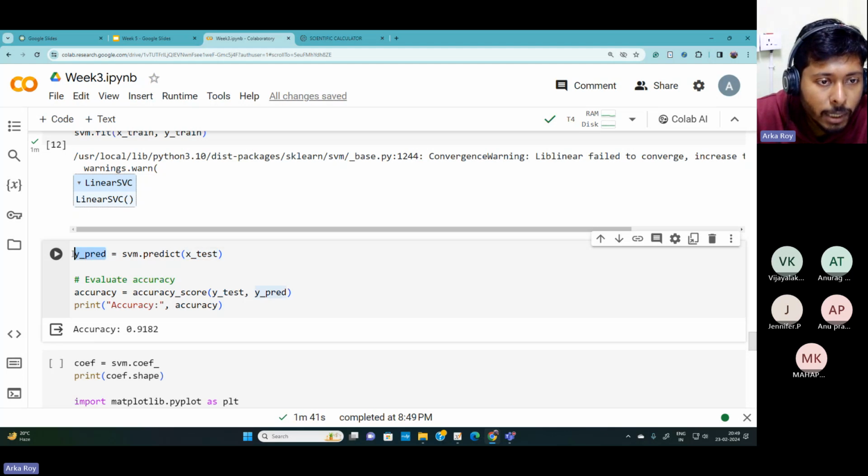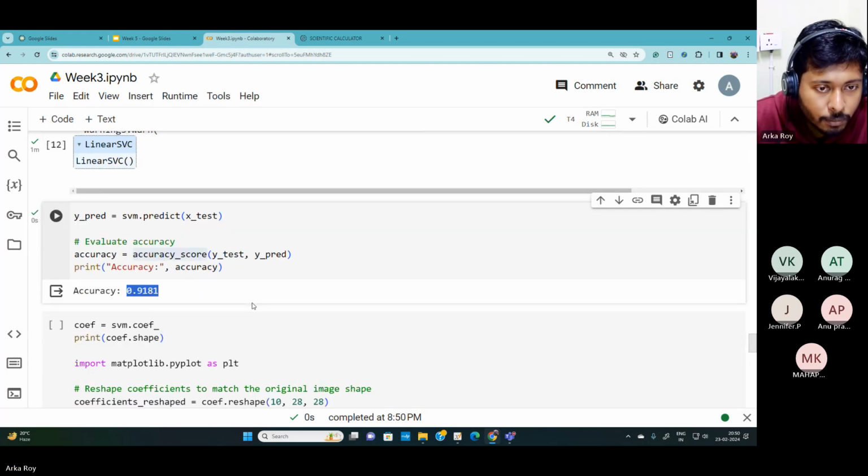It will give you the Y predictions, and then you can extract the accuracy using the accuracy_score method, which is also there in the sklearn library. You can see that accuracy is 0.9181 in terms of the point value, but if you multiply it with 100, it will give you 91.81% accuracy.